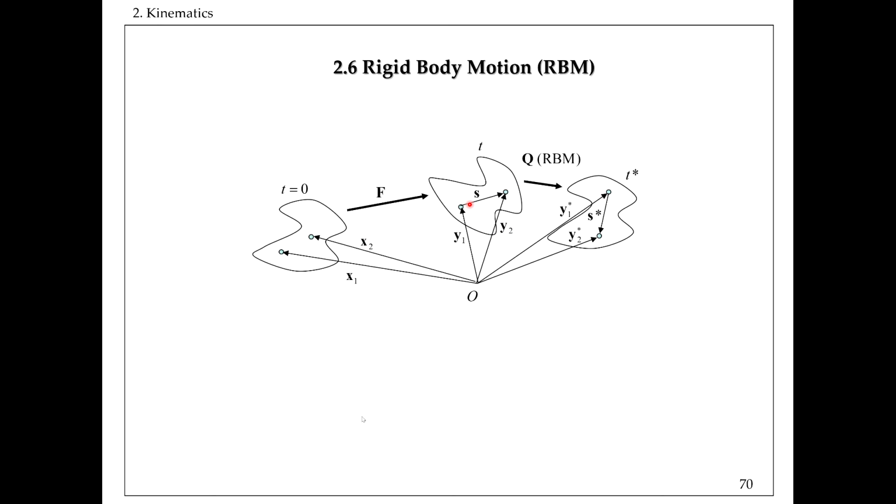And so then here we focus on this deformed configuration, and we superimpose an additional rigid body motion on this deformed configuration, right? Remember, even the deformation gradient we could split into a sequence of deformations, and we decided to do this through first the stretching and then the rotation tensors.